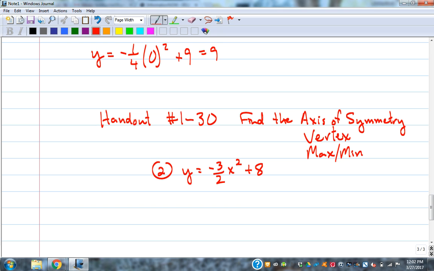Everything builds off of it. So on number 2, right beside number 2, rewrite it as negative 3/2 x squared plus 8 instead of what's there, because I don't know what happened there.